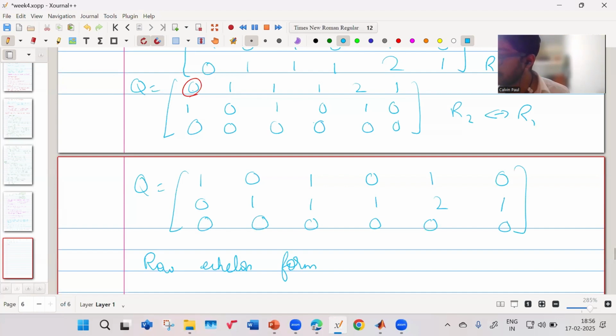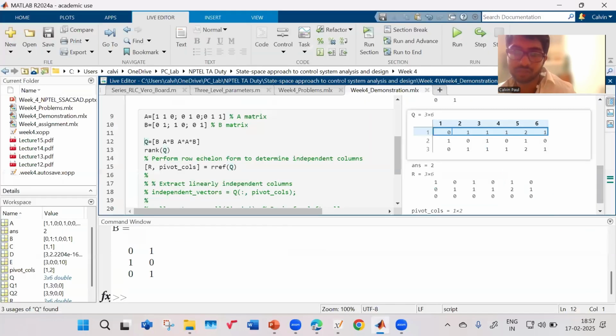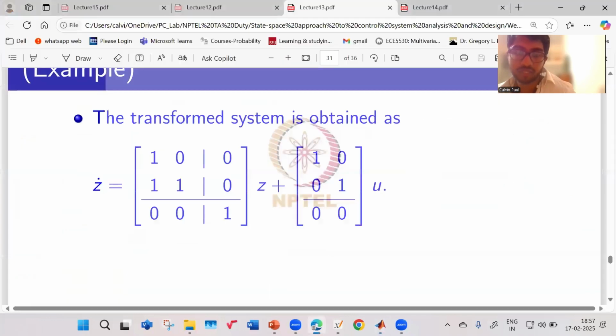Okay. So the maximum rank can be 3, and since there is one row which is all zeros, the independent column vectors are actually given by this. This is one independent column vector, and this is another independent column vector, 1 0 0 and 0 1 0. Okay, which is shown over here, right?